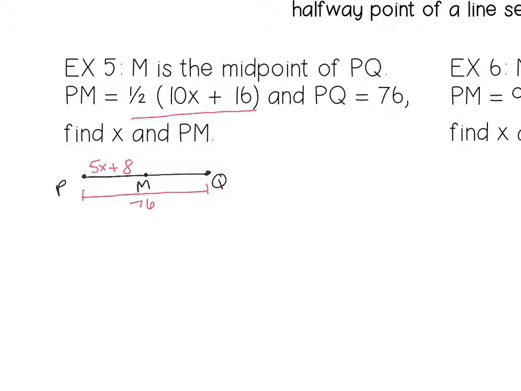Well, I know that if PM is 5x plus 8, MQ also has to be 5x plus 8, because a midpoint is going to divide it into two equal parts. So 5x plus 8 plus 5x plus 8 equals 76. So that's 10x plus 16 equals 76.